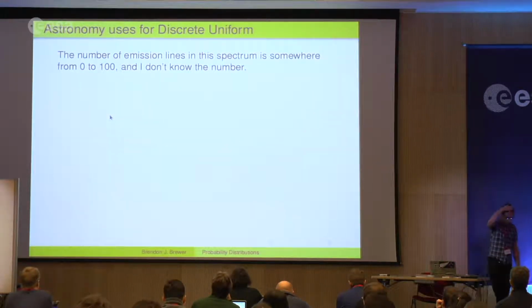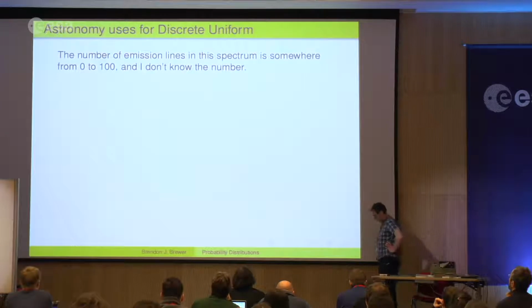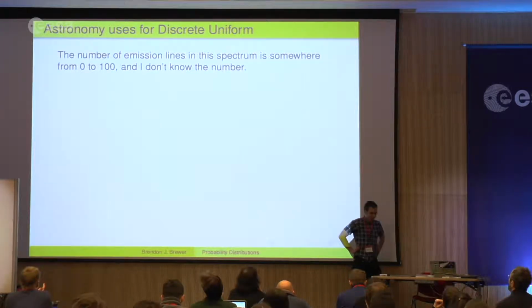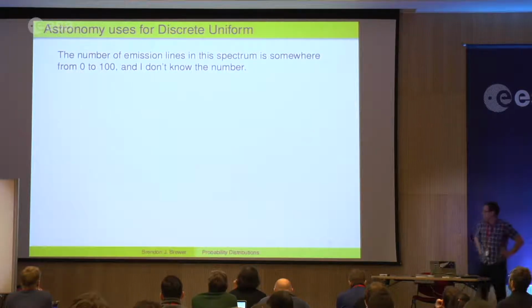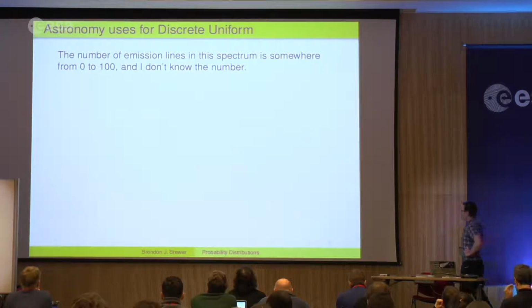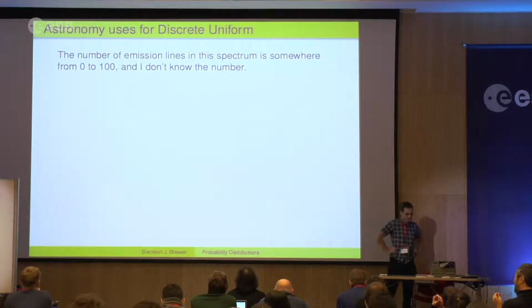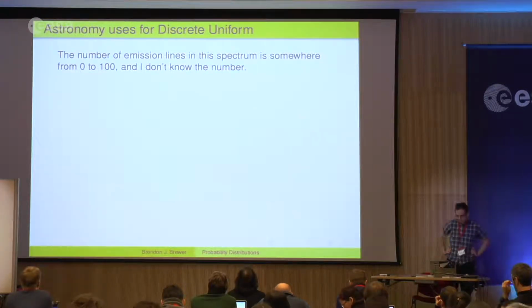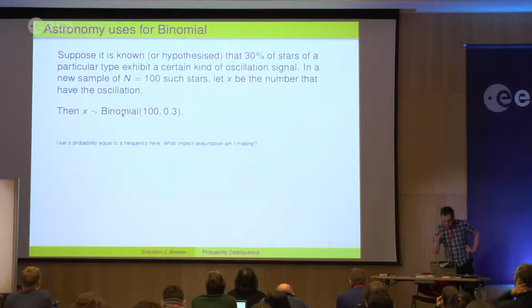Here's an idea for when a discrete uniform distribution might be useful in astronomy. If you have a spectrum and you think there are a bunch of emission lines in it, but you don't know how many, one way of modeling that might be a uniform distribution between 0 and 100 over the integers. You can't have fractional numbers, so you would just have it for the integers.